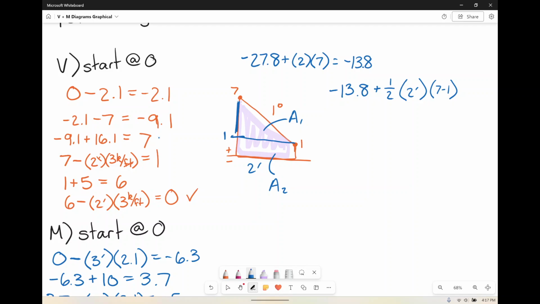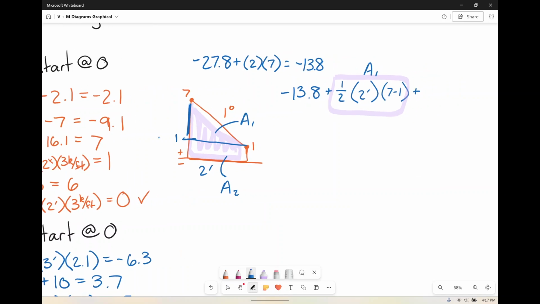Okay, so that's the area of, I'm going to circle that. This is area 1. But wait, there's more. Now I'm going to add in area 2. Area 2 is just a rectangle, so he's base 2 feet, height of 1 kip per foot. So again, this is area 2.